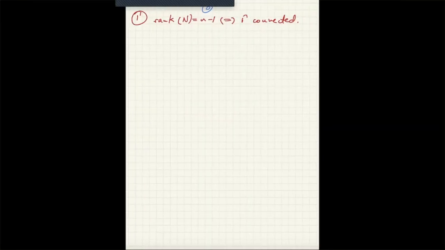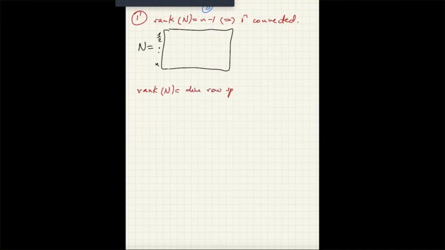So we have our matrix N. Now, you know that the rank of N is the dimension of the row space, and it's the same thing as the dimension of the column space.